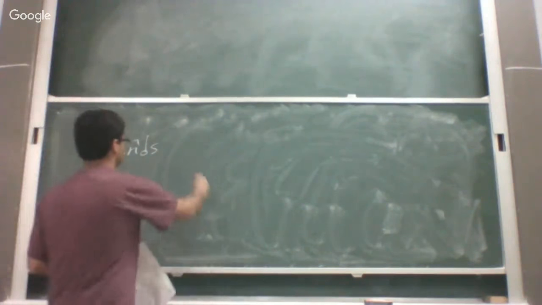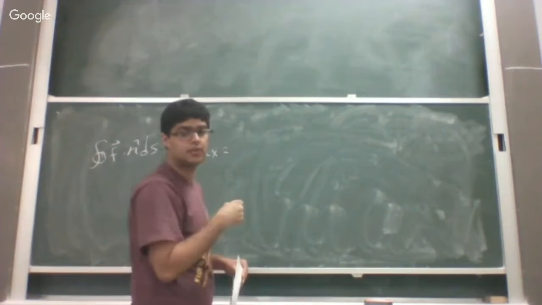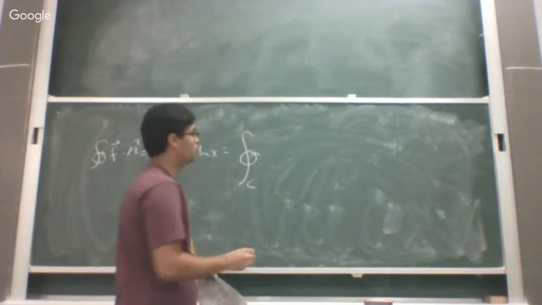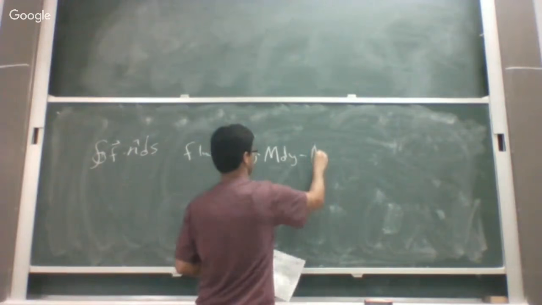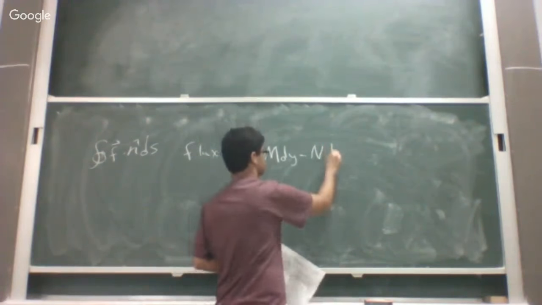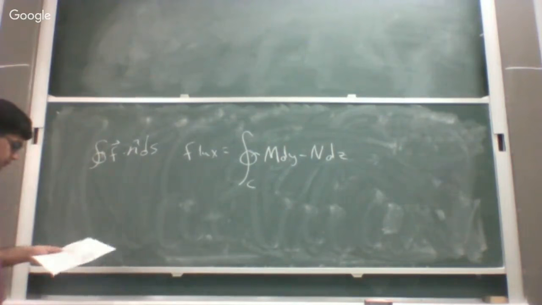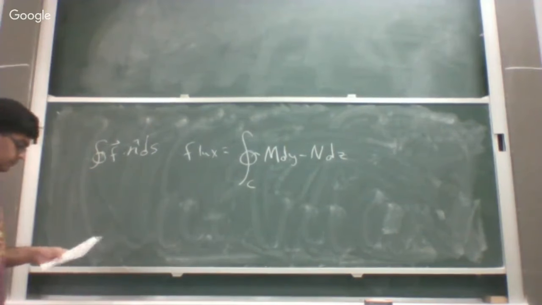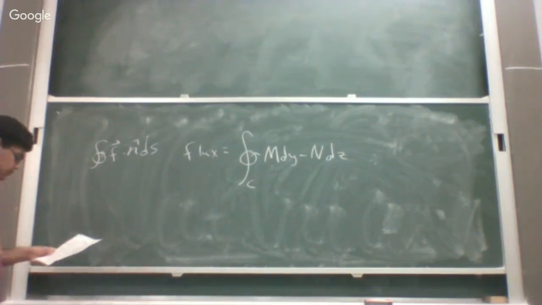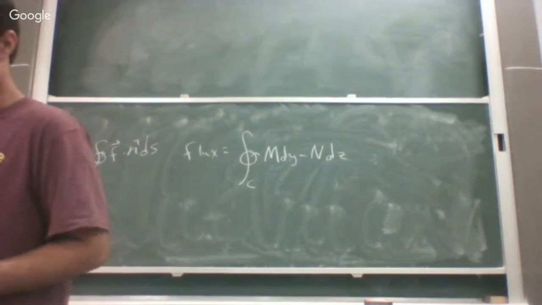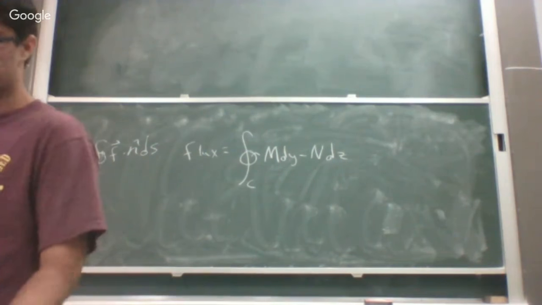So flux is also equal to, and this is the main equation that we use, you do use that too, maybe in the next unit, M dy minus N dx. So that's the formula for flux.